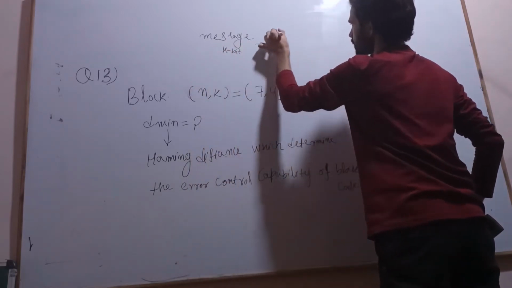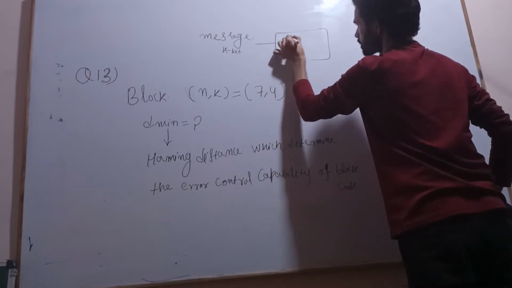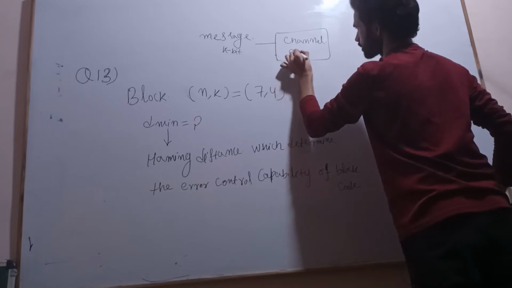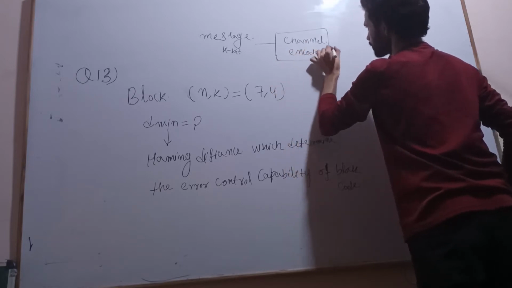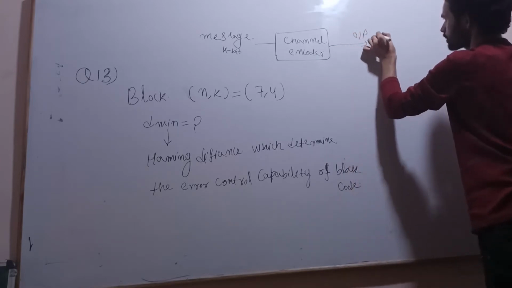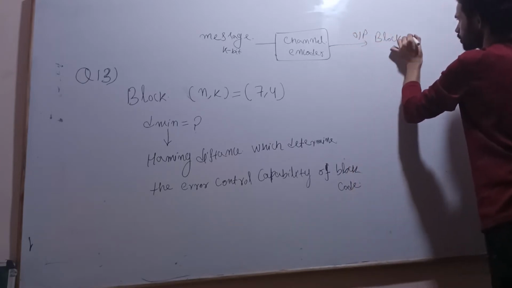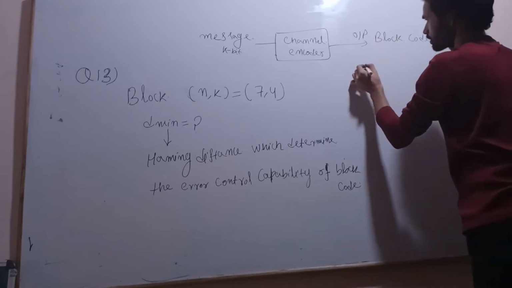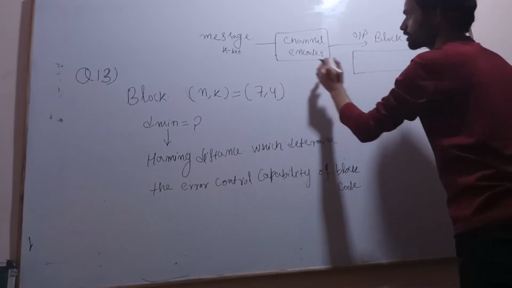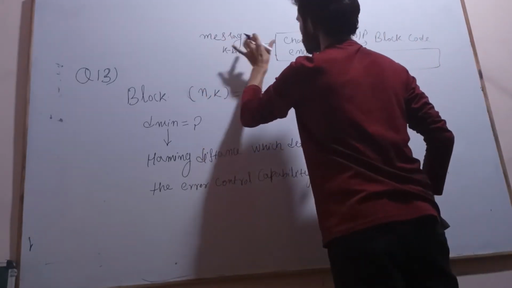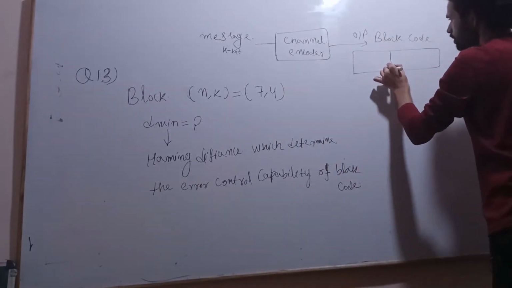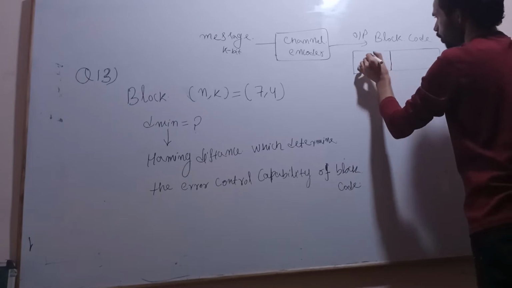I will apply this to the channel encoder. When this message passes through the channel encoder, at the output I will get the block code, which is nothing but a combination of what?